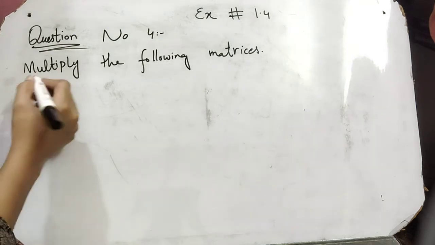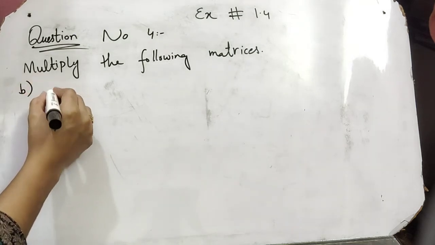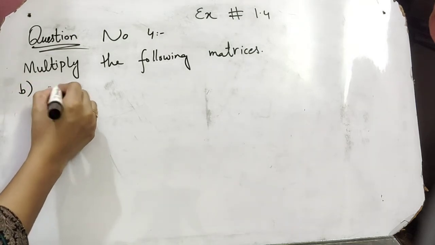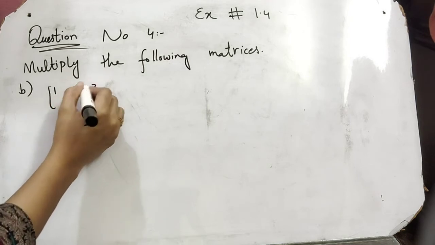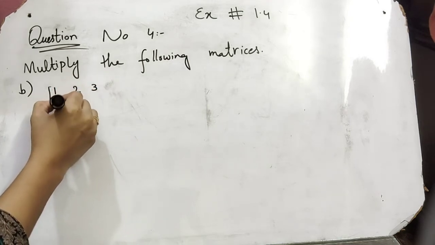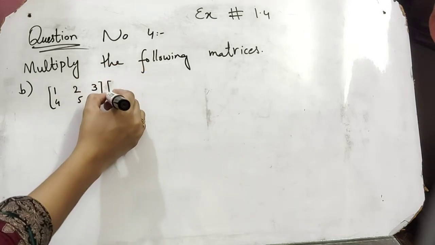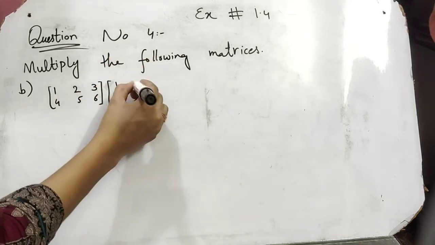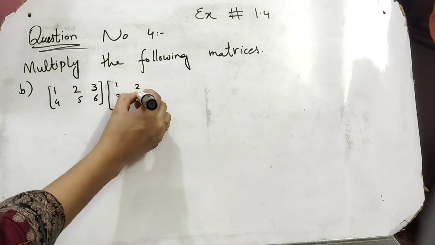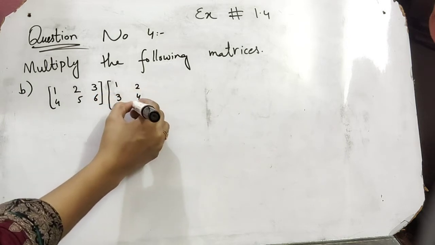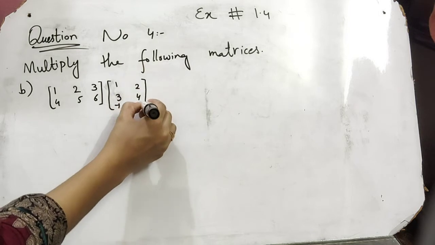Part B is [1, 2, 3; 4, 5, 6] multiplied by [1, 2; 3, 4; -1, 1].